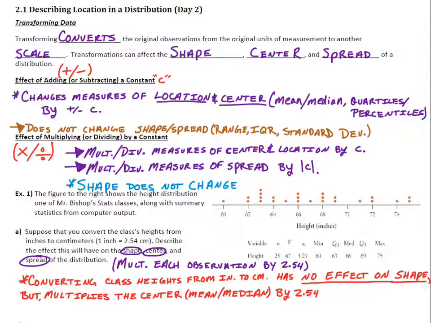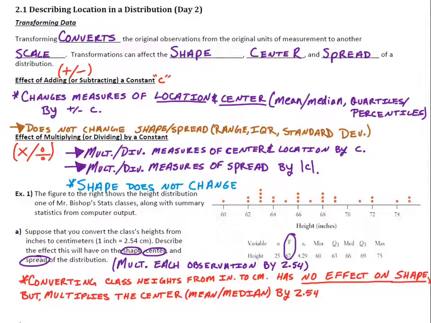So if we were to do this, currently the mean height is 67. The new mean would be 67 times 2.54. Whatever that is, I'm not going to get that right now, but that's what the new mean would be. Further, what do we do for spread?